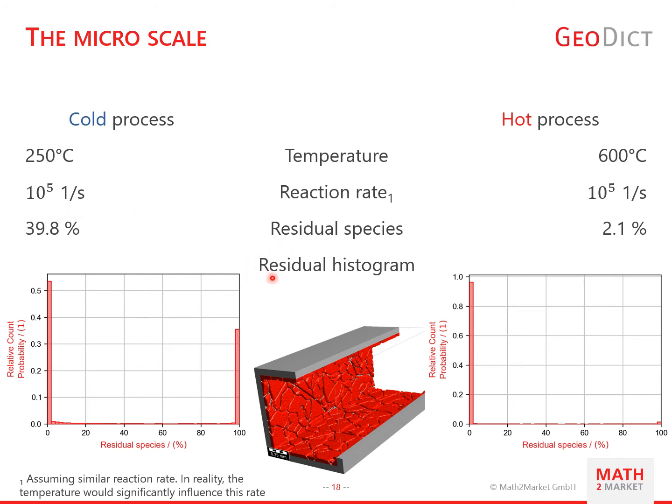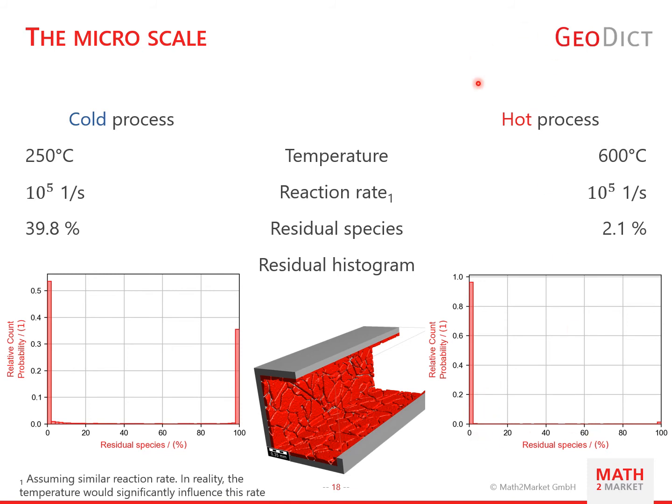And if we take a look at the residual histogram, we can also see this trend. On the left side, the cold process, we see a high peak at the 100% mark of our residual species. This means we have some particles that have not reacted at all. These will be the molecules that moved in the middle of our channel, did not touch or enter the washcoat at all.